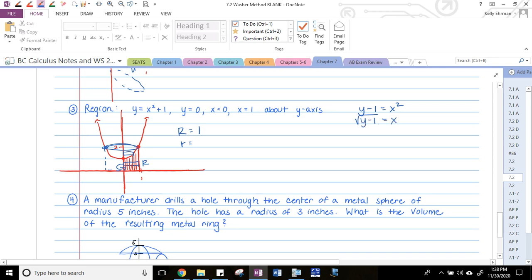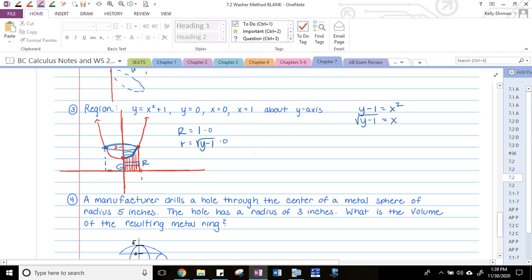I don't have the plus or minus because think about this original curve. The original x values on this side were positive. Those are the ones I'm rotating around. So I don't want plus or minus because I'm not looking at the whole piece. I'm looking at just this section here. So that's why it's just the positive square root of y minus 1. So that means that little r is square root of y minus 1. And sorry, both of them would technically be minus 0 because they're connecting back to the y-axis.